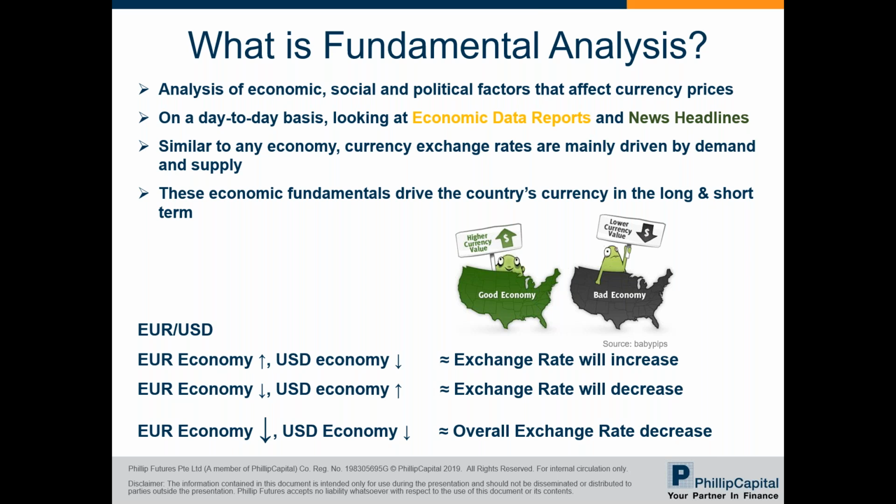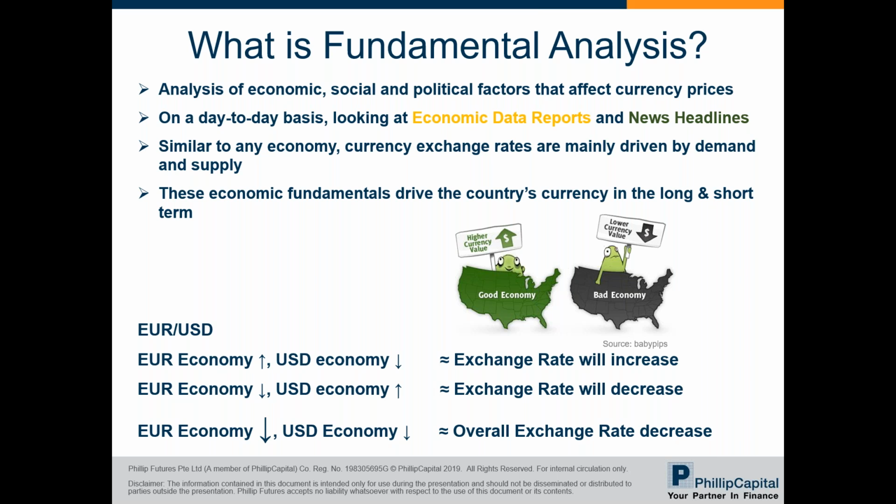If you look at the up and down arrow, we're looking at appreciating versus depreciating. So if the euro economy is appreciating against the US dollar and the US dollar is depreciating, therefore the exchange rate would increase. Similarly, if the euro economy is depreciating and the US economy is appreciating, then the exchange rate will decrease.